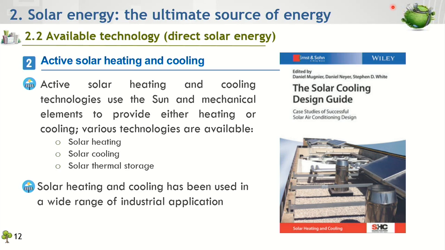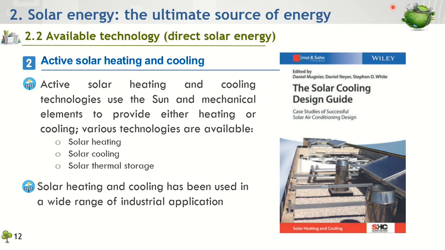and water treatment processes. On the other hand, solar cooling technology uses a solar thermal collector to generate cooling from a heat-driven chiller to be used for refrigeration or air conditioning.